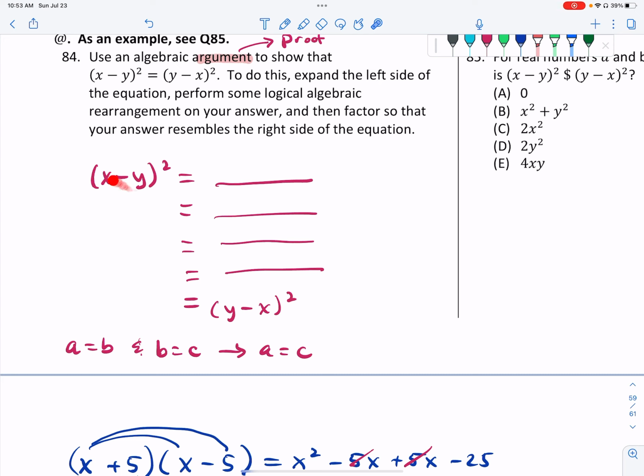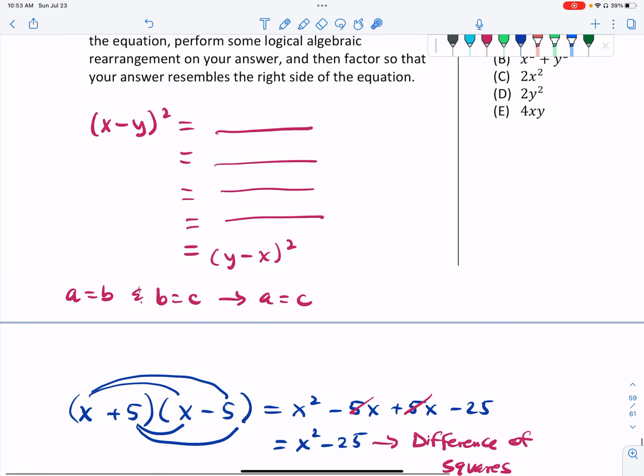So in order to figure out what this math is over here, you're going to have to expand out x minus y squared. I talked about this in a previous video, and remember that this squared here is not a distributive property. Do not distribute. You only distribute if you have a 2 as a coefficient which is being multiplied. This is an exponent which tells you how many factors of this you're supposed to multiply together.